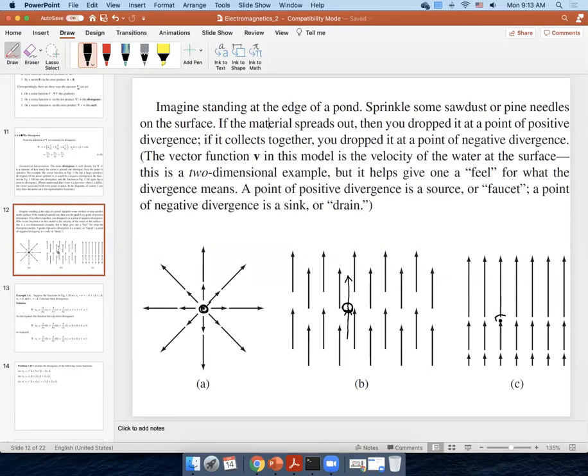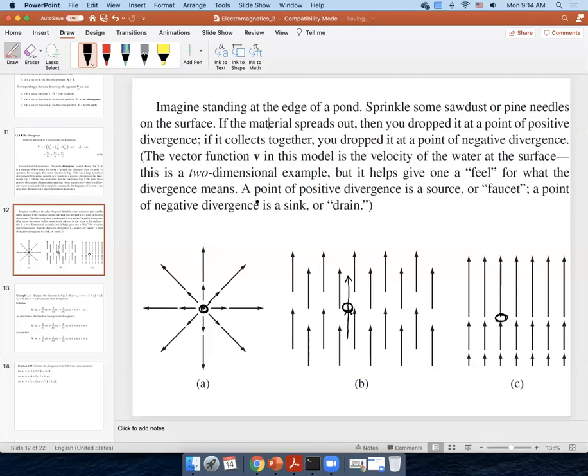If we choose some points here, you will see some vectors flow out, some vectors flow in. However, the size of the arrows means the magnitude of the vectors. You'll figure out that at any point, the vectors flowing in are smaller than the vectors flowing out. So there's still some net vectors flowing out, which means the divergence is still positive.